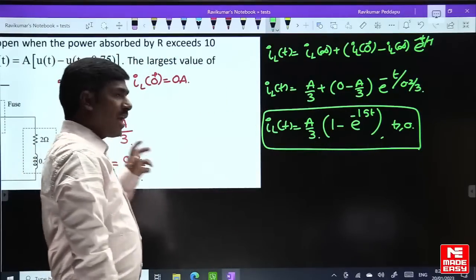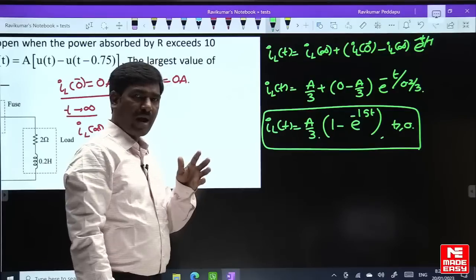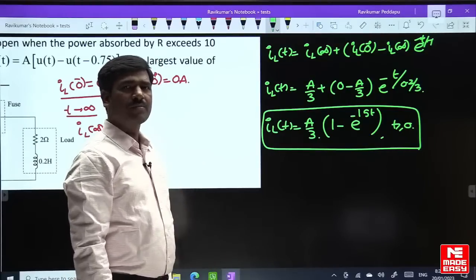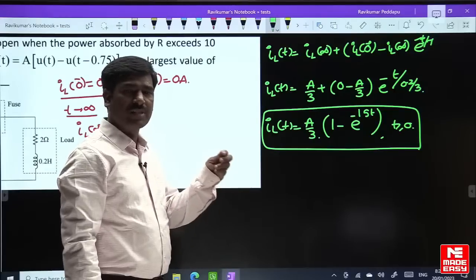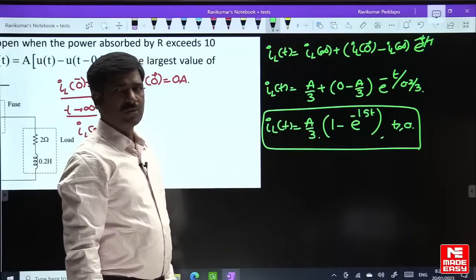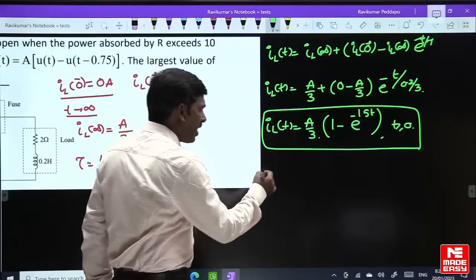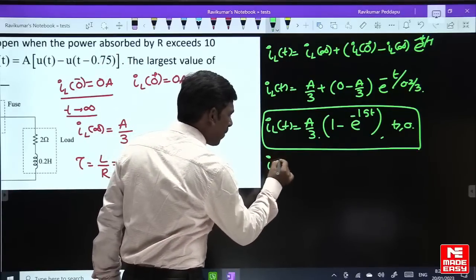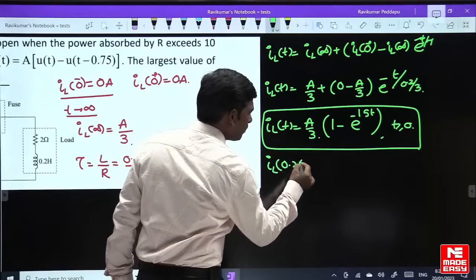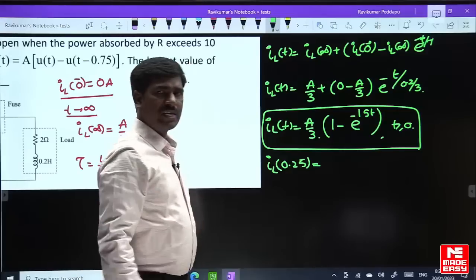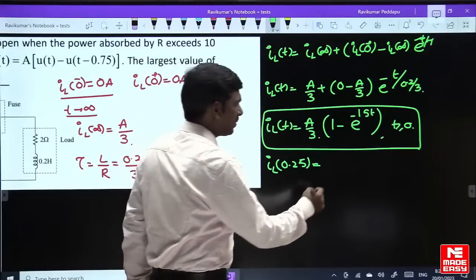The fuse withstands for 0.5 seconds, therefore from 0.75 you have to subtract 0.5. So find out the IL value at t is equal to 0.25.